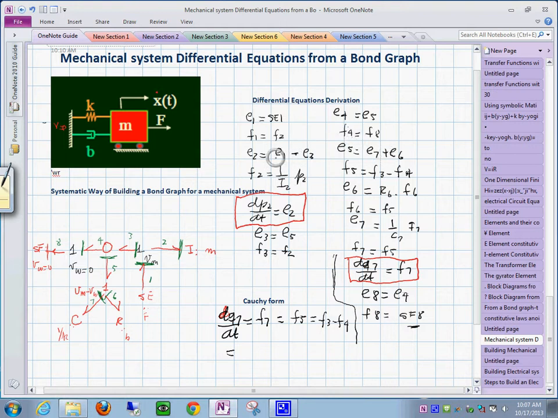Take a look at it. Go on looking for f sub 2. And f sub 4 is what? Take a look, f sub 8. Okay. What is f2? 1 over I sub 2 p sub 2 minus f8. What's f8? It is SF8.